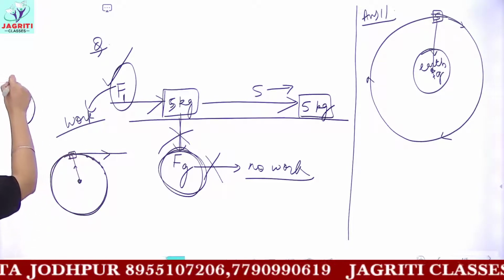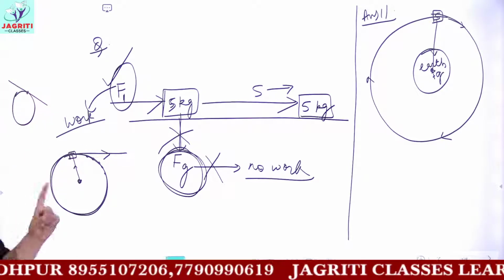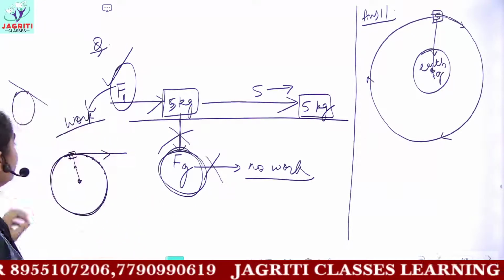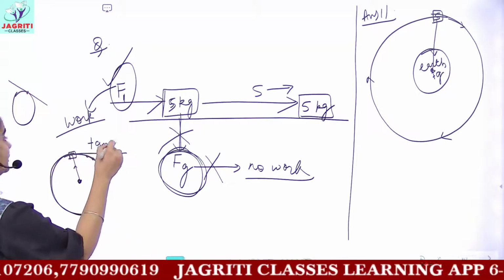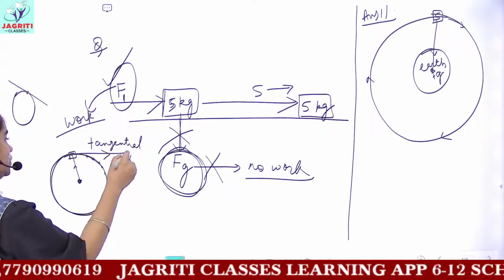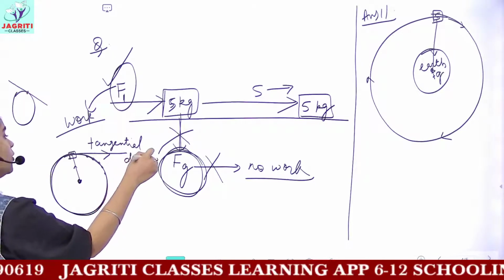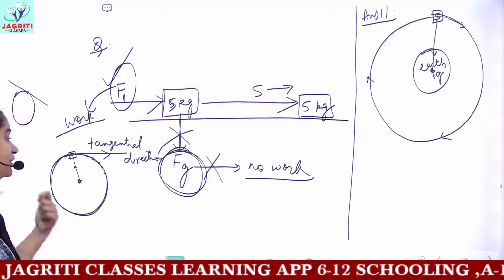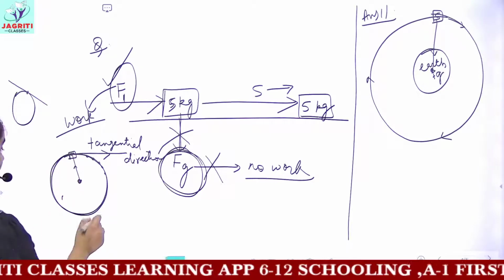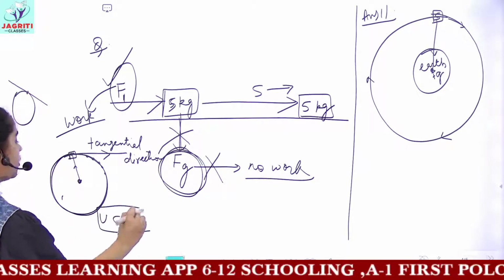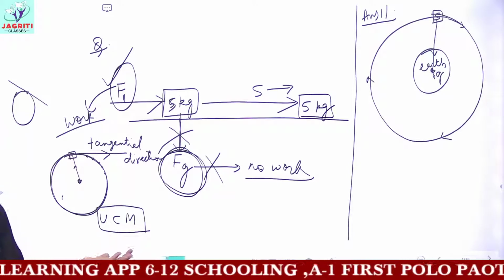Any line which touches the circle at one single point is a tangent, so the stone will follow a tangential direction. I hope you remember this concept, the tangential direction, from the topic uniform circular motion.